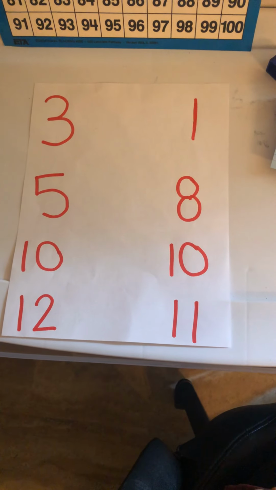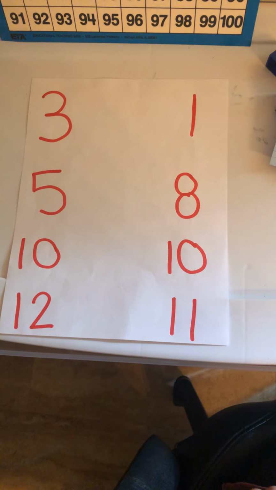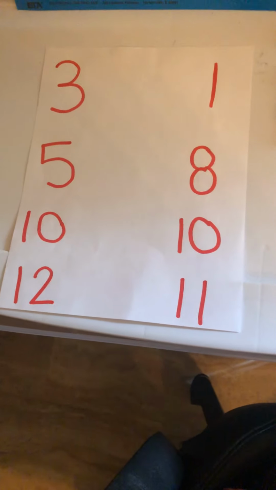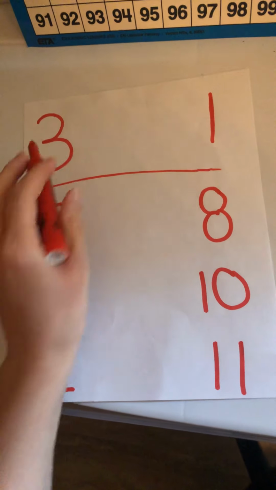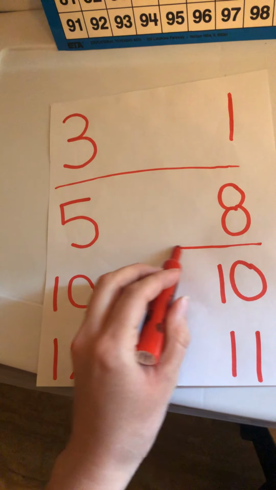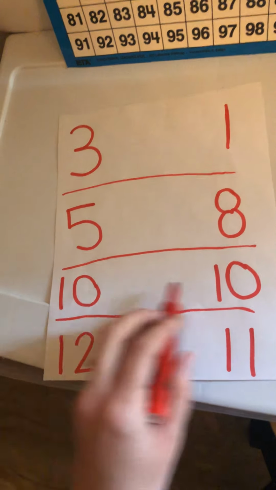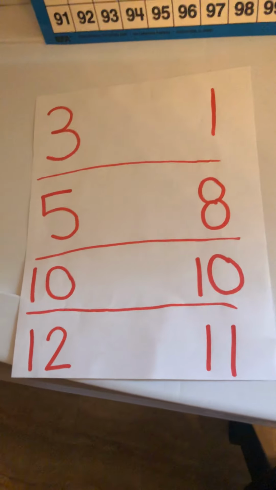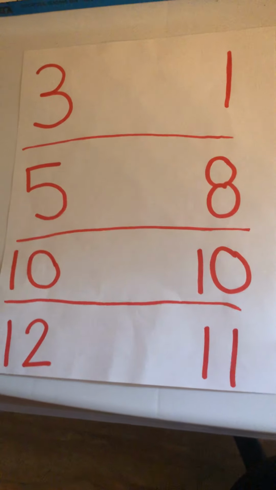And what I want you to do is figure out which one is greater than. Or if there's a set that's the same, then figure out which one's the same. And you're going to be comparing those two numbers, these two, and these two. I should have drawn that line. I'm sorry.